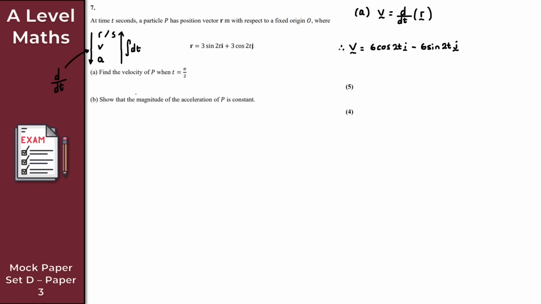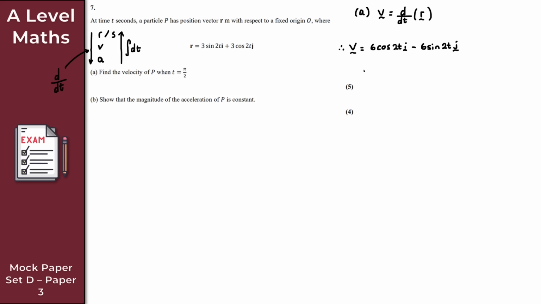But what we want here is the velocity of P when t is equal to pi over 2, right? Now, for each of these trig functions here, the argument is 2t. So if t is pi over 2, then 2t is just simply pi, right?